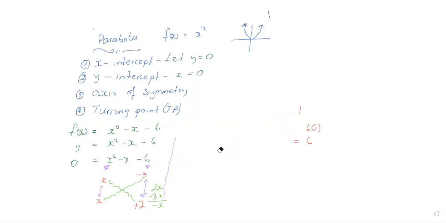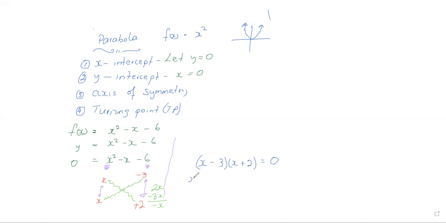Writing down this way will be x minus 3 multiply x plus 2 is equal to 0. That's what we have here.